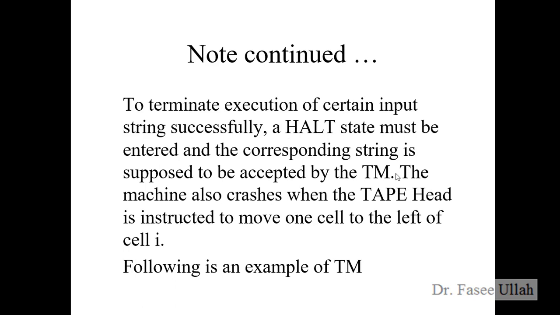Okay, so let's continue. To terminate execution of a certain input string successfully, a halt state must be entered and the corresponding string is supposed to be accepted by this Turing machine.